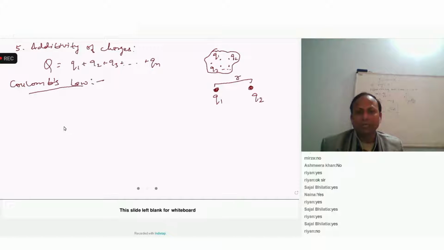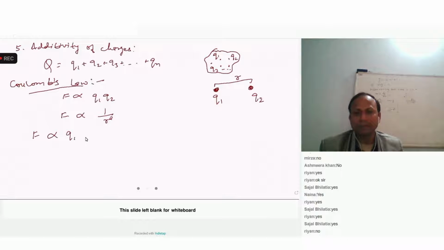Then there is a force of interaction between these two charges which is directly proportional to the product of these two charges and inversely proportional to the square of the distance between them. Right? So when we combine these two relations, we find that F is proportional to Q1 Q2 upon r squared.